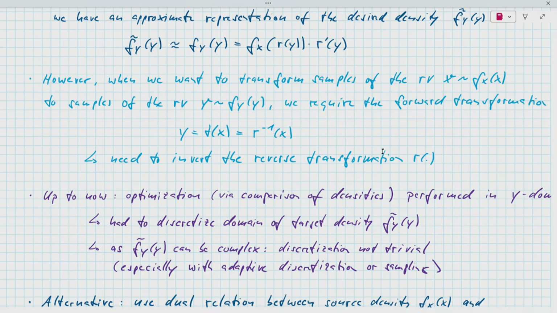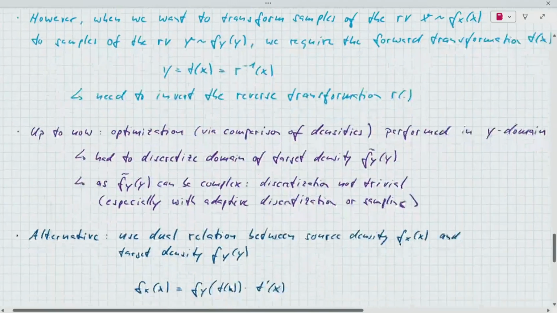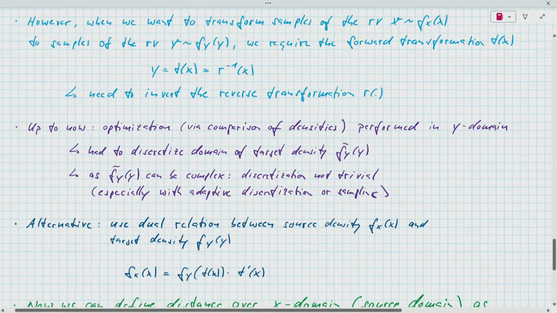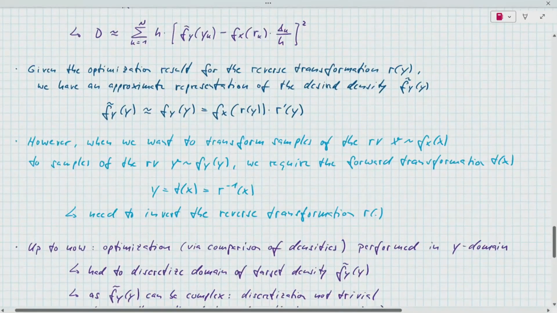But what we could do is, instead of using this optimization approach, use the reverse optimization. Up to now, we performed the optimization via the comparison of the densities. We performed that in the y domain. So as you see here, everything is done in the y domain, the domain where we want to map to.